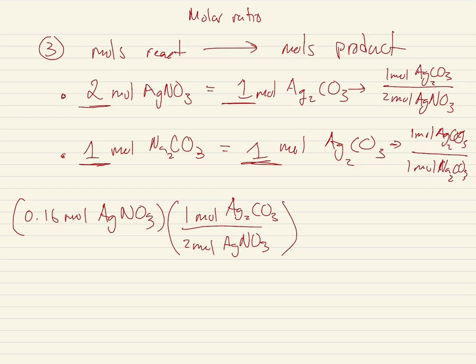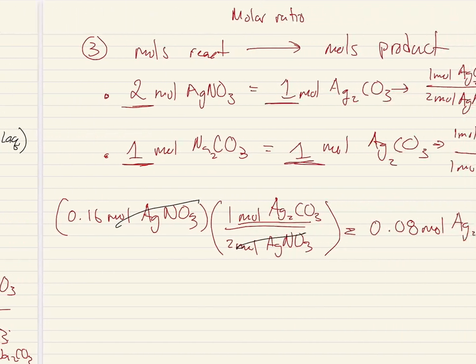What happens to the moles of our reactant? They cancel out. And we're left with moles of our product, which is what we want to determine the limiting reactant. When you do this, you should get 0.08 mole Ag2CO3.